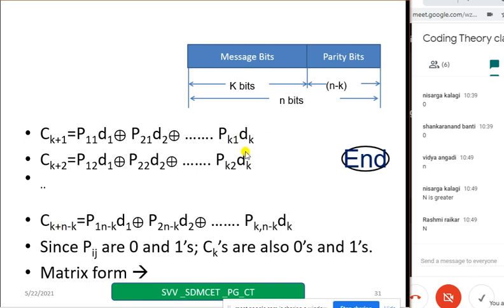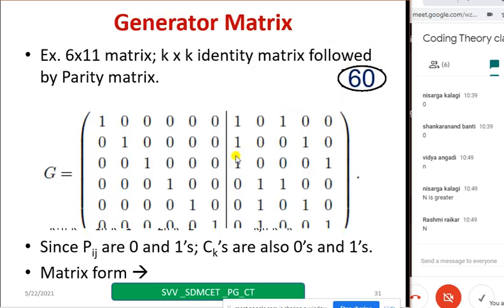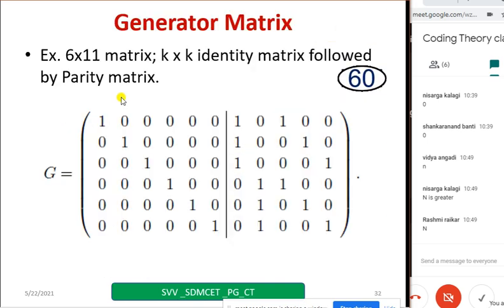Let me go to the next: how we can write the matrix form. If bits are 6, for example, I'll take 1, 2, 3, 4, 5, 6. I'll take an identity matrix, 6 by 6, followed by a parity matrix. Copy down this one example. Using this we can write the equation, or if the equation is given, we can write the matrix. That we'll see in the next slide.